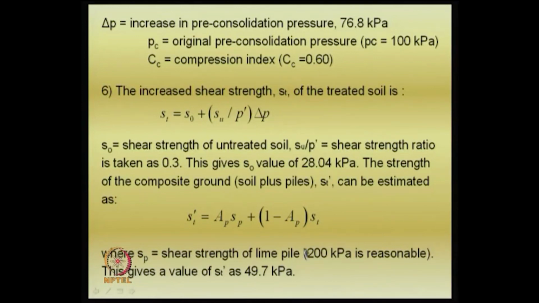So, that same number one can use here, like it is SP here, the area ratio. There we have got 0.1256 as the area ratio, which is nothing but the ratio of lime piles in the 1 meter square area. So, that is 0.1256 into 200 into 1 minus this thing. So, you will get some good increase.